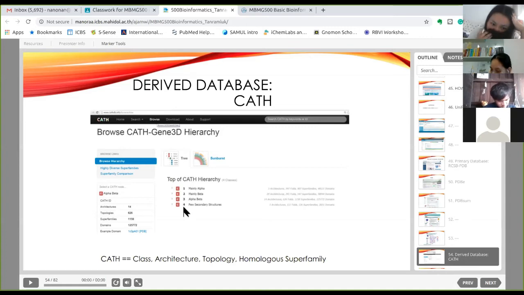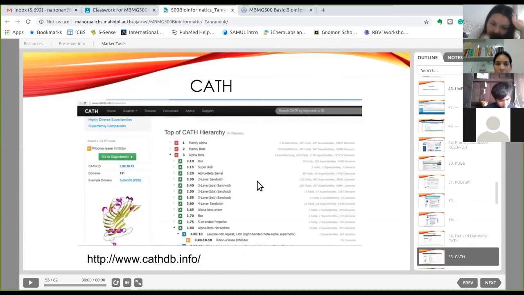And if it's led by number 4, it means it doesn't have much secondary structure. So once you get into CATH, you can see what I call the domain. So architecture or domain basically relates to what you recognize in daily life. So if the protein is mainly beta, has a lot of beta sheets, and if it looks like a box, it will be called 3.70.